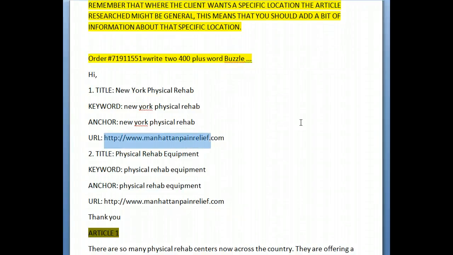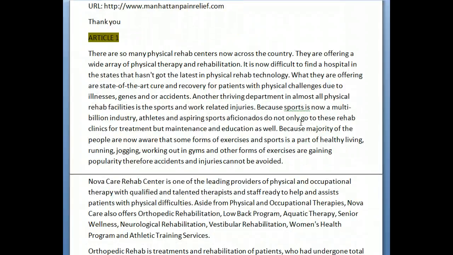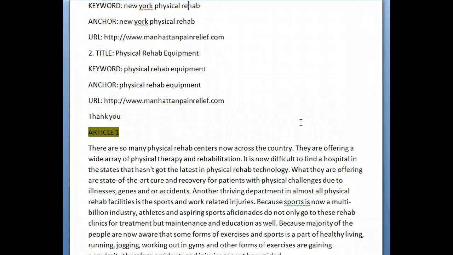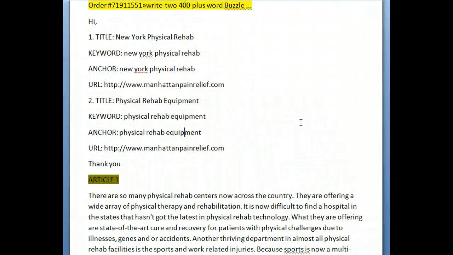So you also want to bear in mind, while the URL might not be specific and important to you per se, this basically tells you the website that he's actually promoting. So you wouldn't want to include anything that says NovaCare Rehab Center. You possibly want to include something that says Manhattan Pain Relief. So it remains specific to what the client wants.